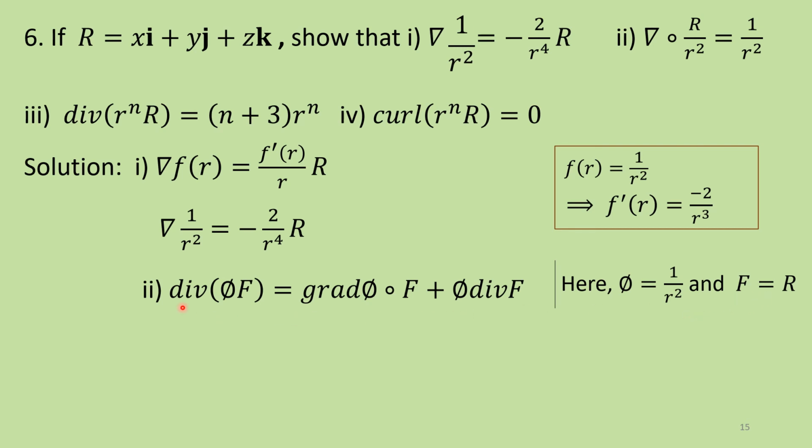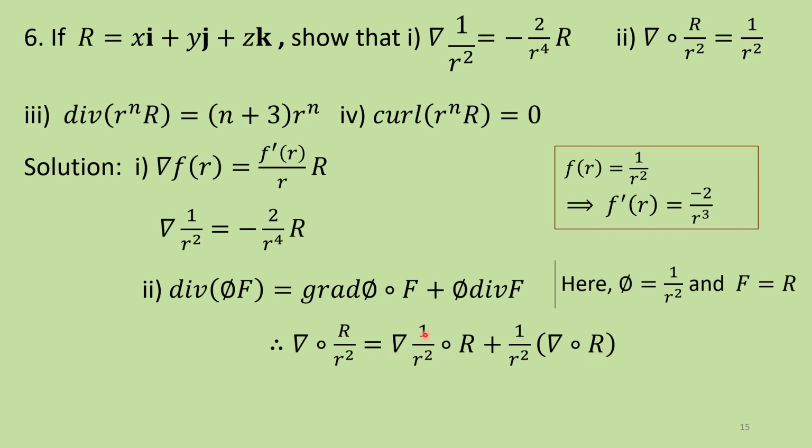So I substitute: divergence of 1 by r square into vector r is the gradient of 1 by r square dot vector r plus 1 by r square times div of r, where div of r is nothing but 3. So this gives 3 by r square.